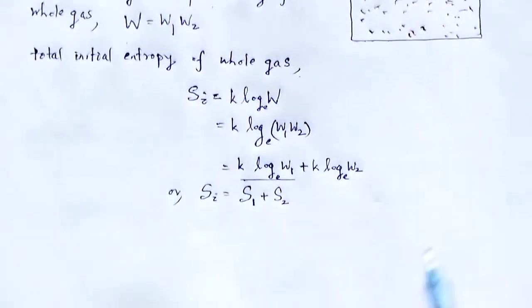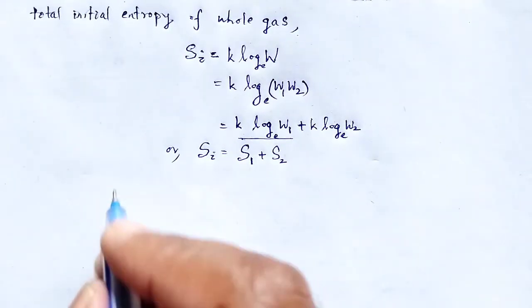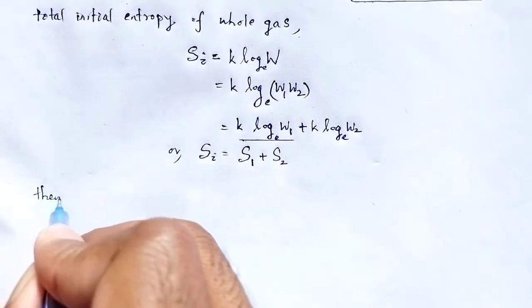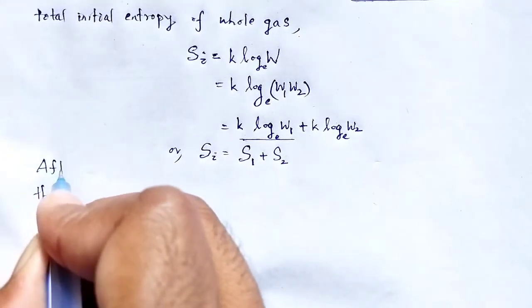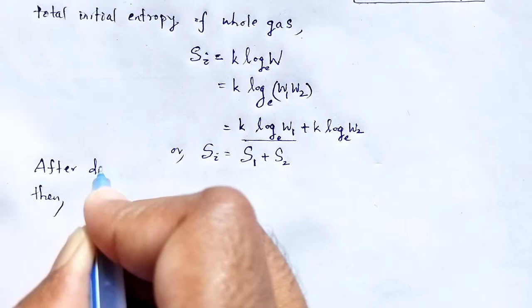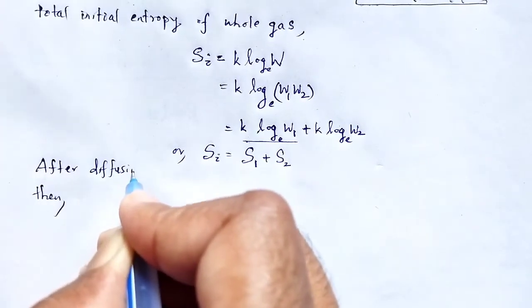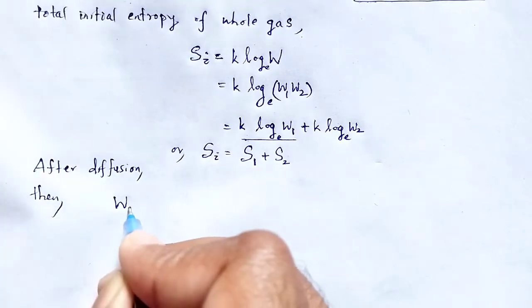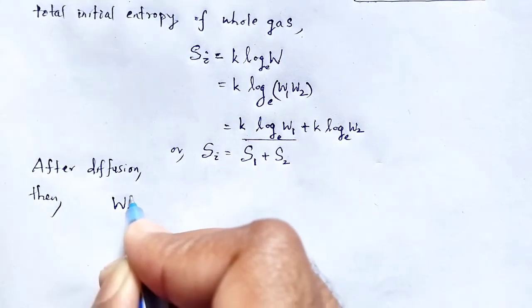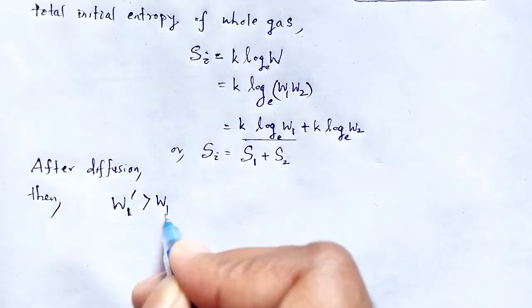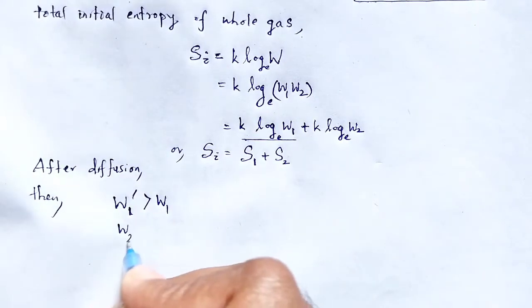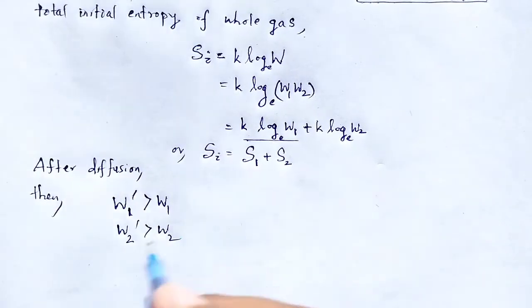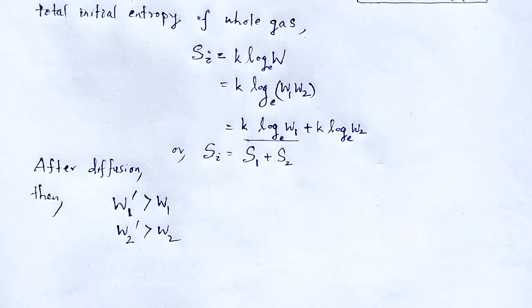After diffusion, W1 dash is greater than W1 and W2 dash is greater than W2, the thermodynamic probabilities of the respective gases after diffusion.